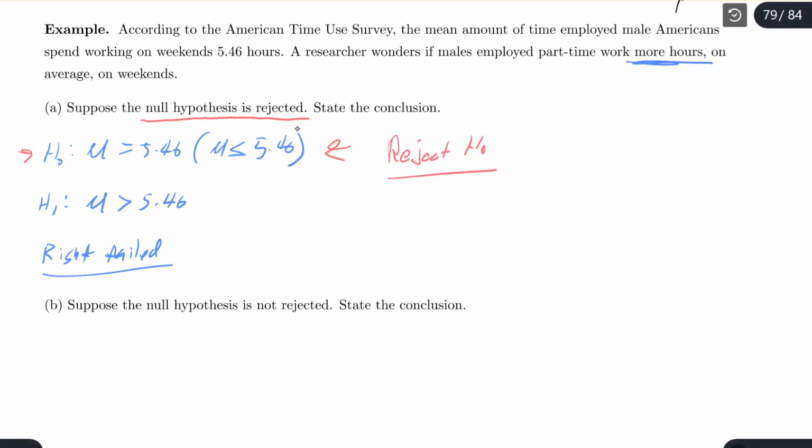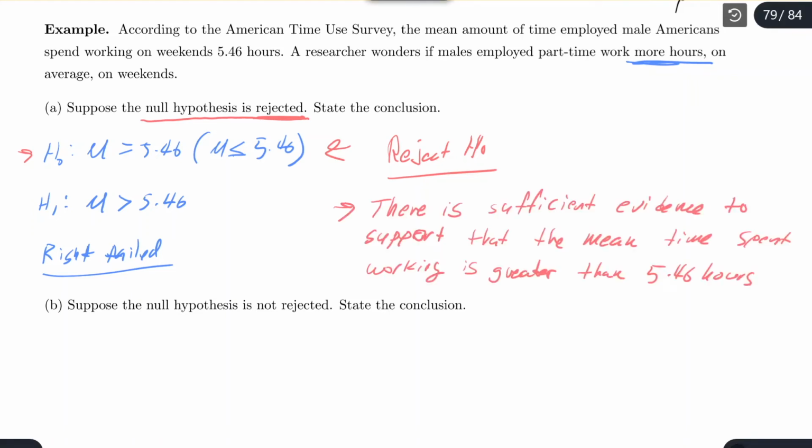Again, the problem tells us to reject H naught just to practice writing the conclusion. We'll learn how to determine whether to reject or not reject on our own later. So if we reject H naught, that means there's sufficient evidence to support that the mean time spent working is greater than 5.46 hours.